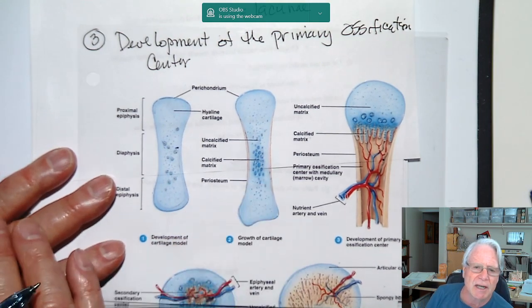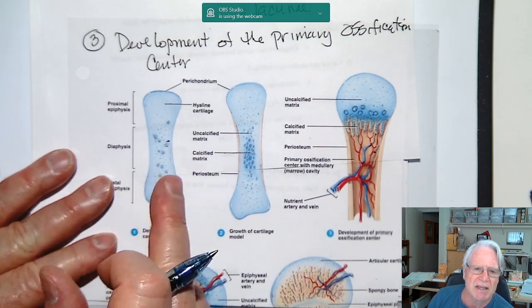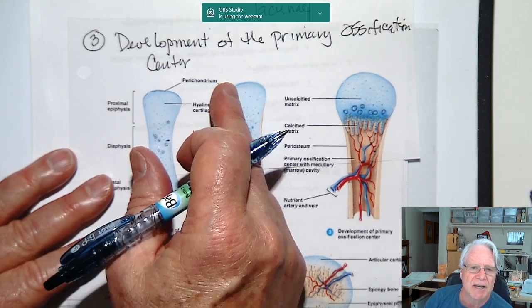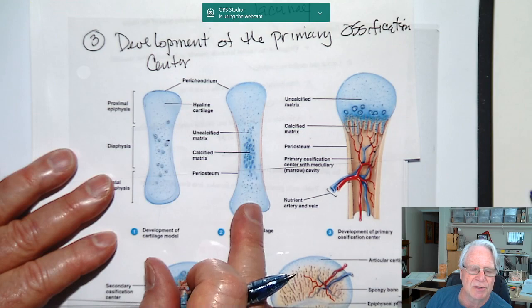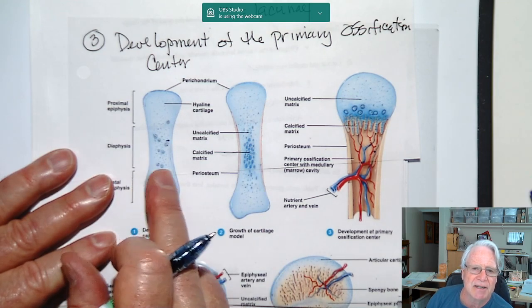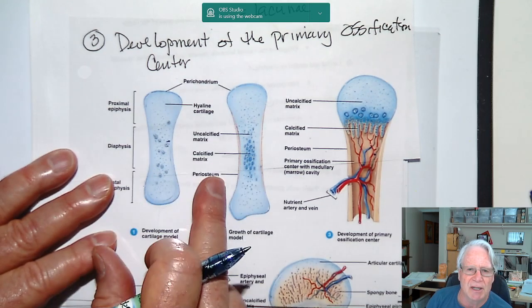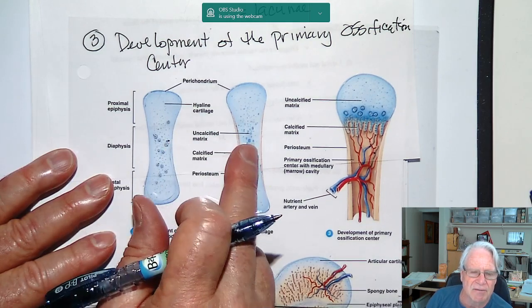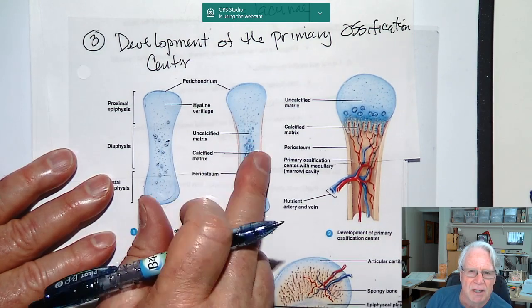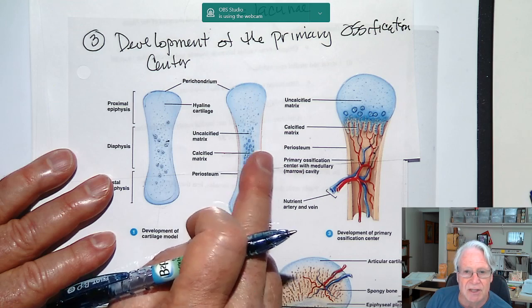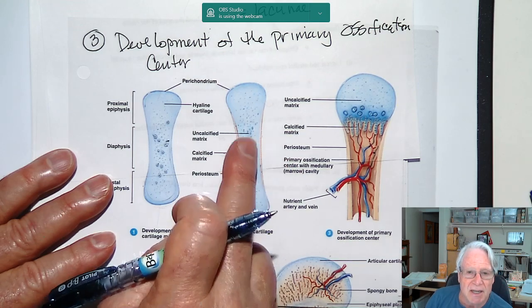So here I fault the textbook a little bit because I think they should have had another picture right here between these two. So this would be the beginning, and then showing this without the bone collar, because this is conflating actually two steps in the development together. Yes, this is true.